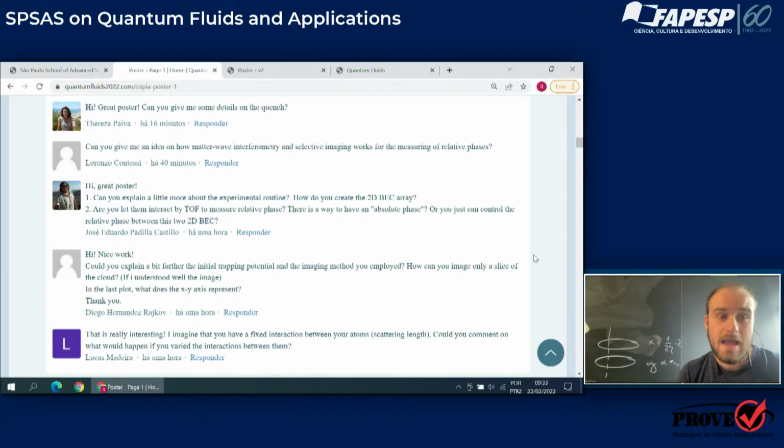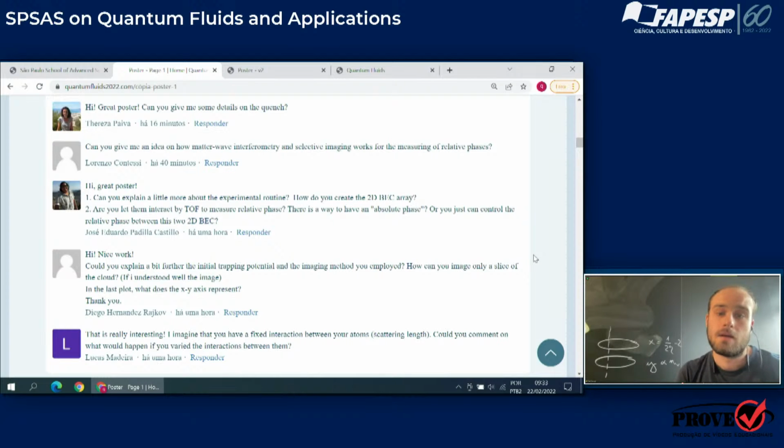However, there is actually a way to control the interaction strength. That is because in 2 dimensions, the interaction strength is renormalized, and that depends on the axial confinement. So that's one small tunability we have on the scattering length.